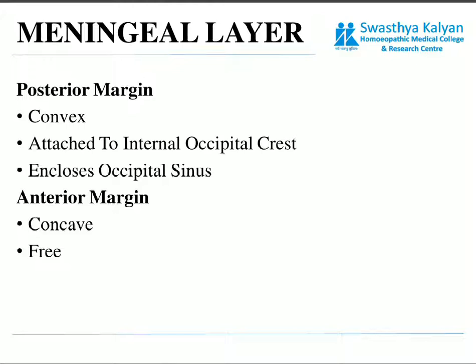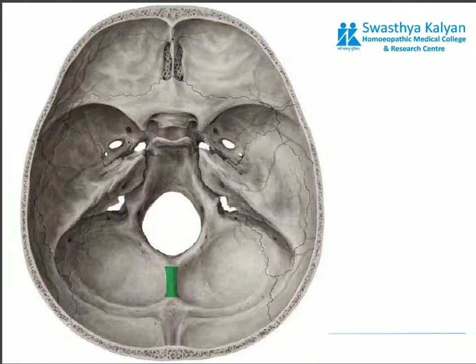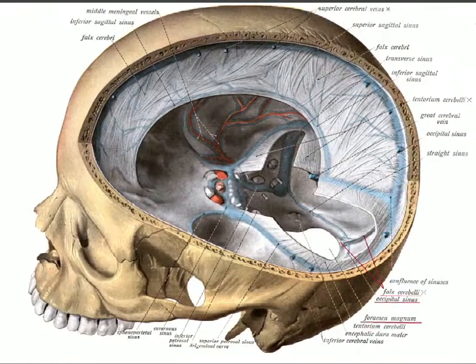And the anterior margin is concave and free. This is the falx cerebelli here. And this is the apex, which divides into two parts and gets lost along the foramen magnum.